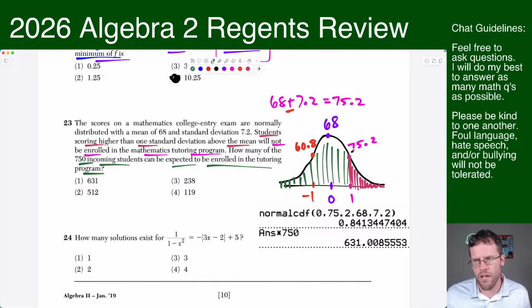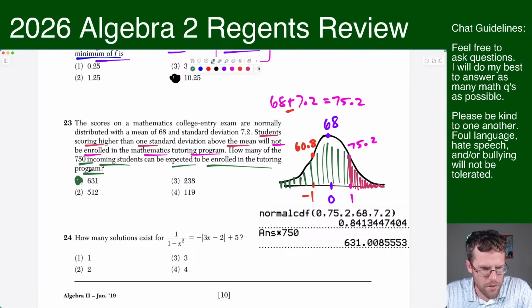You take the average and add 1 standard deviation to see what would be the score 1 standard deviation above the average. They're seeing how many people are going into the tutoring program, and they said everyone one standard deviation and above is not. So it's everyone from here backwards, from a score of 0 to a score of 75.2. Then you put the other information in, multiply that proportion by the total, and you get choice 1.